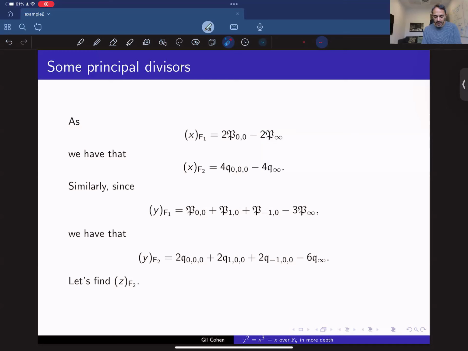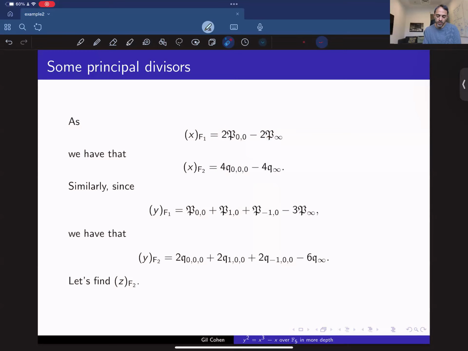And so this means that the principal divisor of X as an element in F2 is this thing, right? Because Q000 is the only place above P00, and the ramification index is 2, the valuation of X as an element in F2 is twice as much as it was before, and the same for the pole.